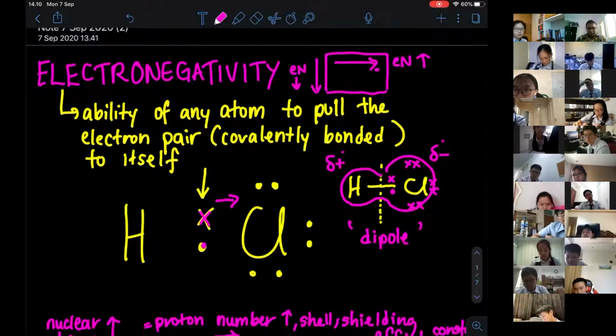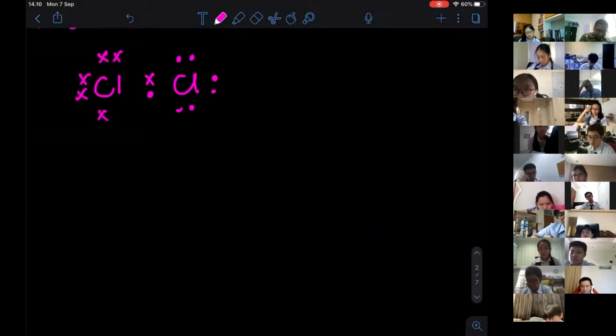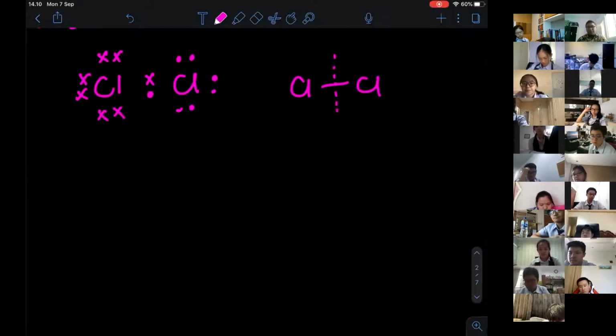Now, if I have, for example, Cl and Cl, and you are sharing the electrons, do you think that this Cl2, if I just put Cl and Cl, do you think the electrons are still going to be in the middle, or do you think that they will go somewhere to the left or to the right?